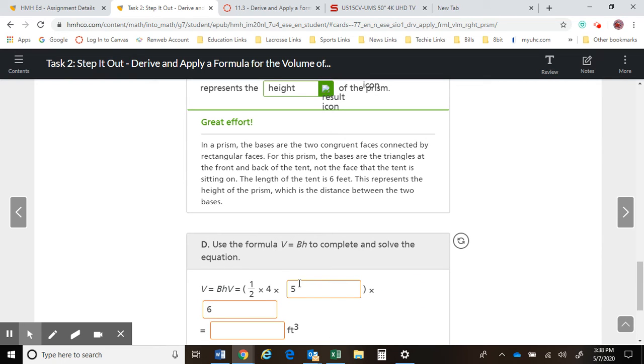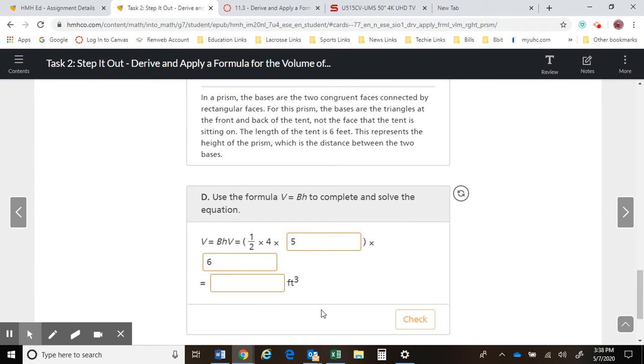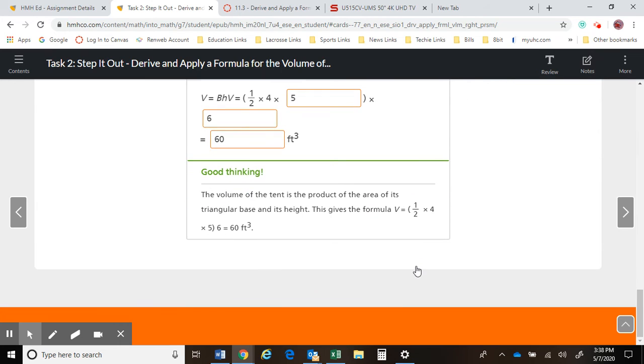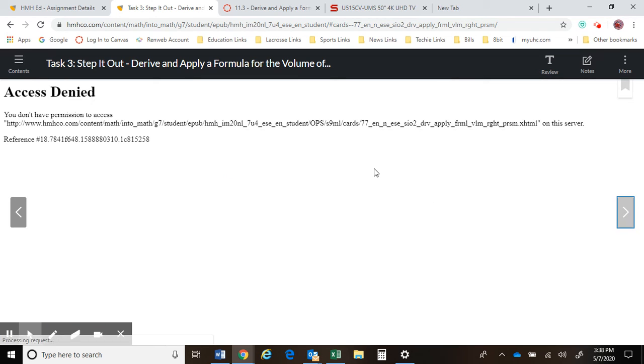Well, 4 times 5 is 20, and half of 20 is 10. And 6 times 10, that would be 60. Okay, very simple math. Okay, let's move on to task number 3.